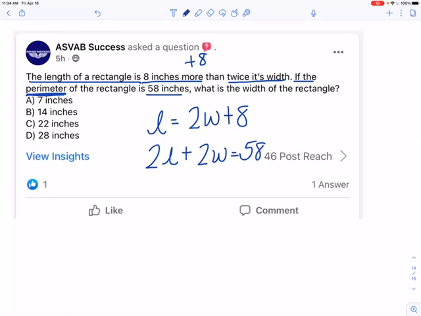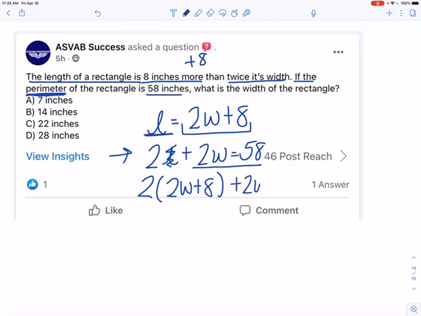Wherever I see an L in this equation, I'm going to replace it with 2w plus 8. So I'm going to do 2 times (2w plus 8). What I did was replace the L. And I keep going with the rest of the equation.